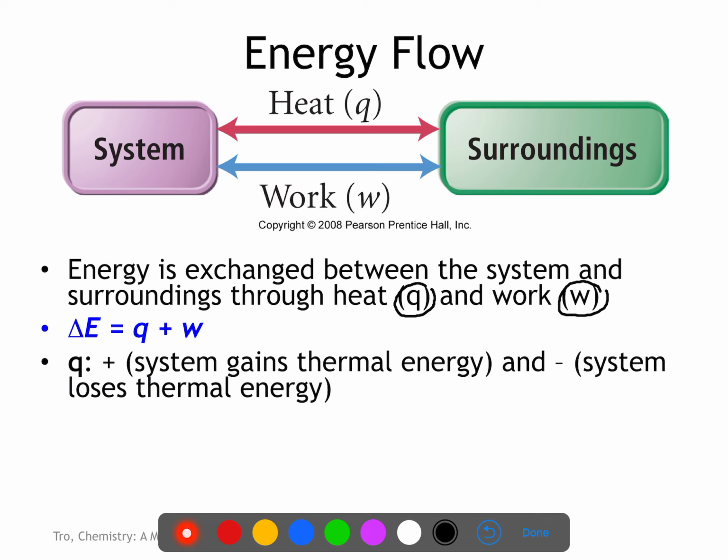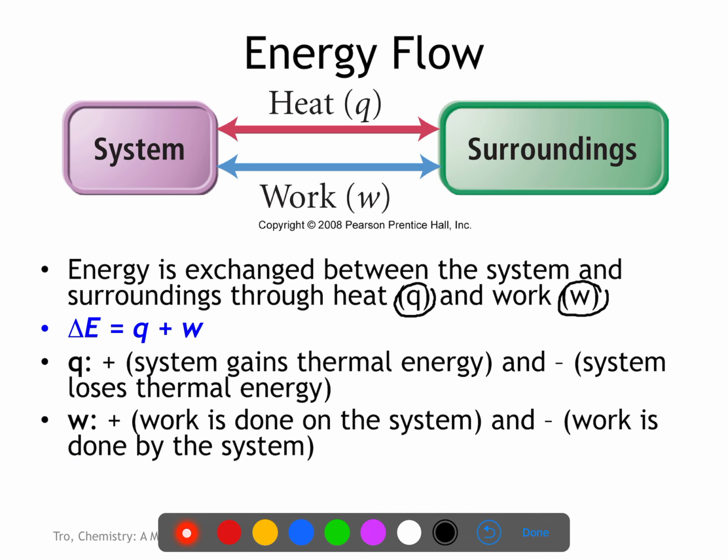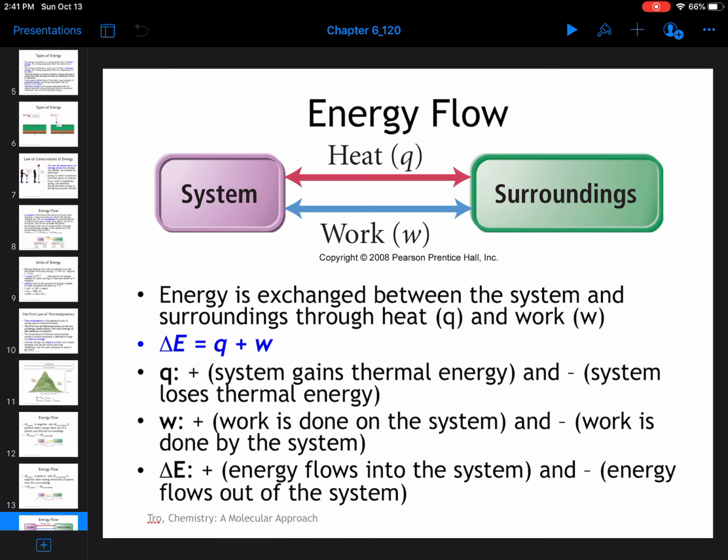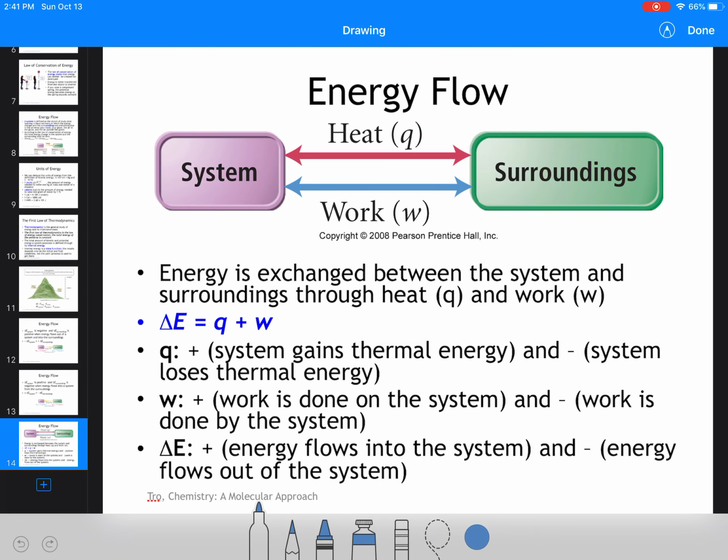Work that is done on the system is positive, and it's negative when it's done by the system. So in summary, the change in energy is positive as energy flows into the system. So when energy flows into the system, this is positive. But if energy flows out of the system, it's negative.